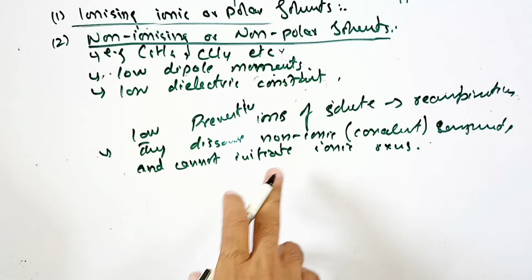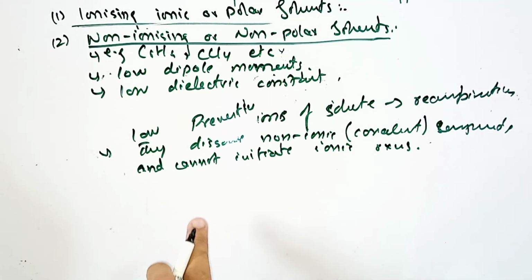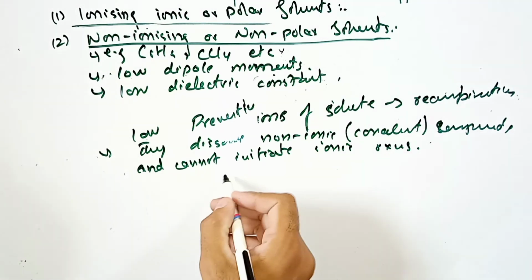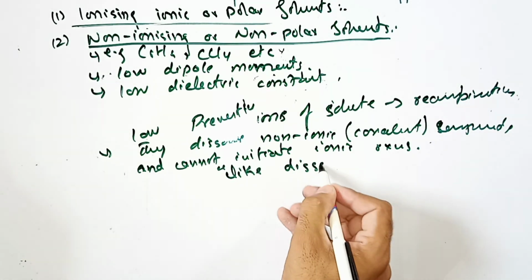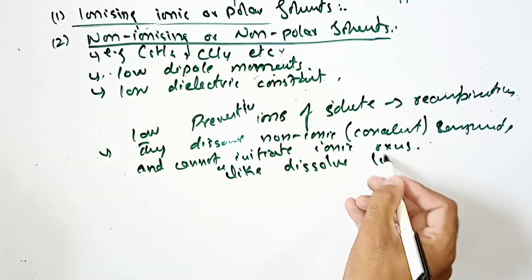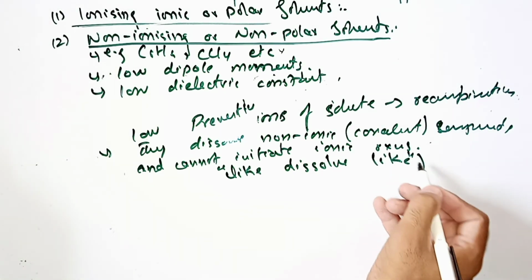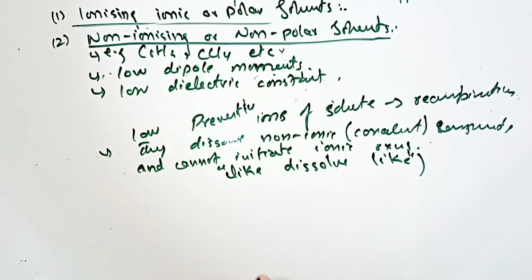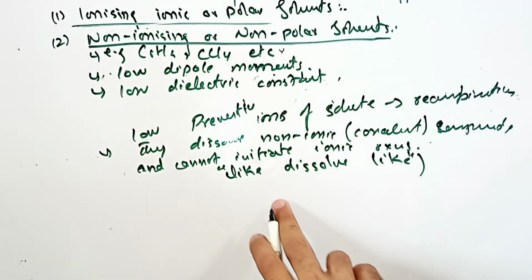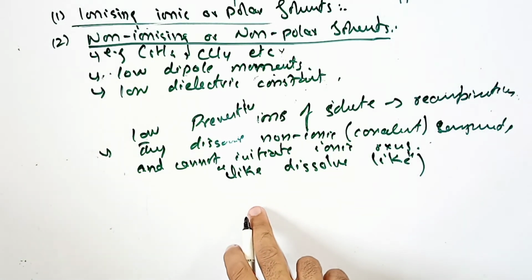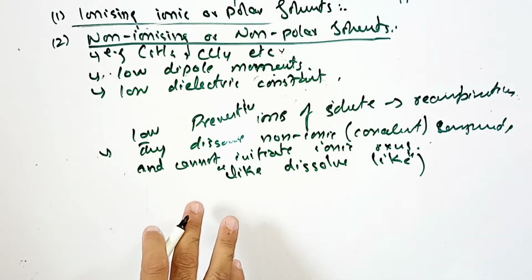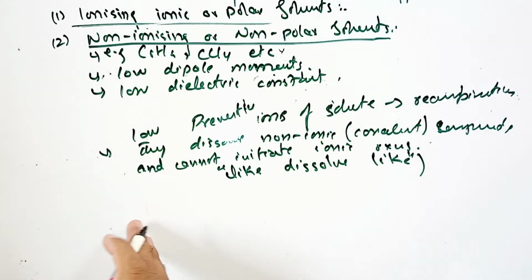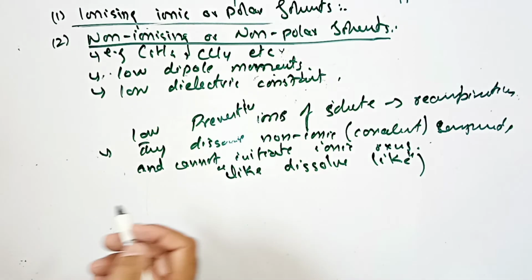This follows the concept of like dissolves like, which means a polar solvent will dissolve polar solutes, while a non-polar solvent will dissolve non-polar solutes or non-ionic compounds. I hope this point will be clear. These are the second classification, on the basis of the polar and non-polar nature of solvents.